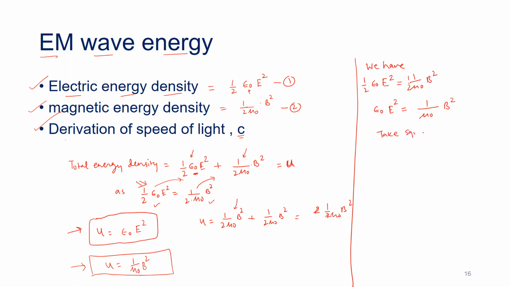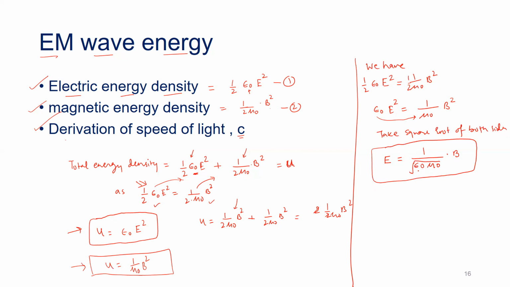So we can write this as E equal to the square root of 1 over epsilon naught mu naught times B. Okay, so we just take the mu naught over first and then take the square root of both sides, and we come to know this equation.